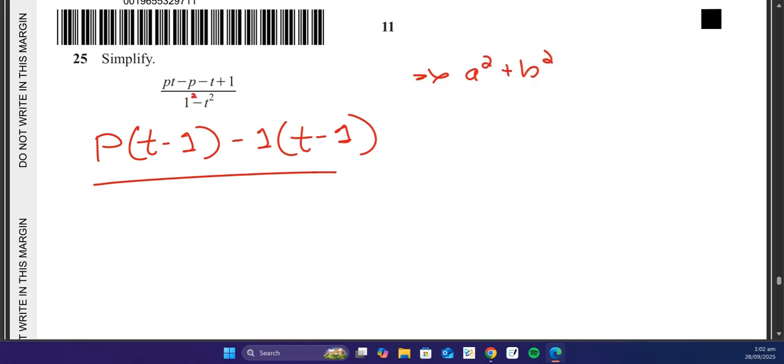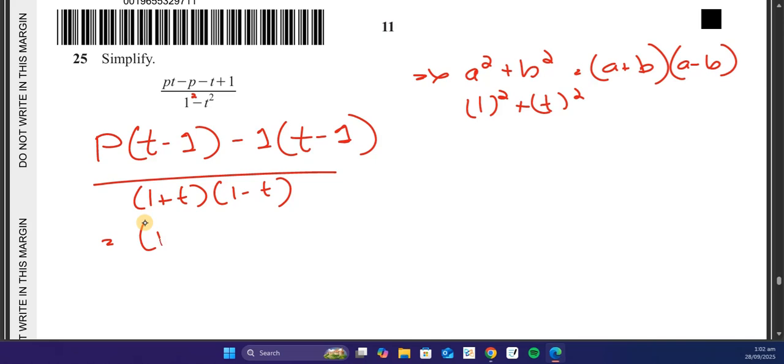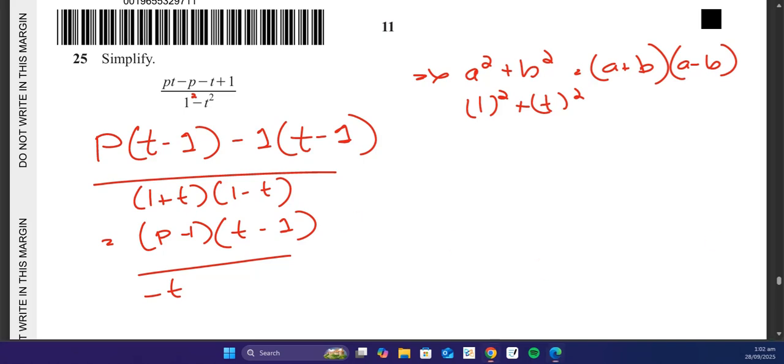We could just say 1 squared over here, so that would be (a plus b)(a minus b), and 1 plus t, 1 minus t. Alright, and that should give us (p minus 1)(t minus 1) over (1 plus t)(1 minus t).